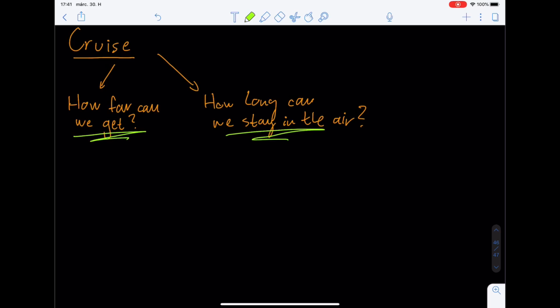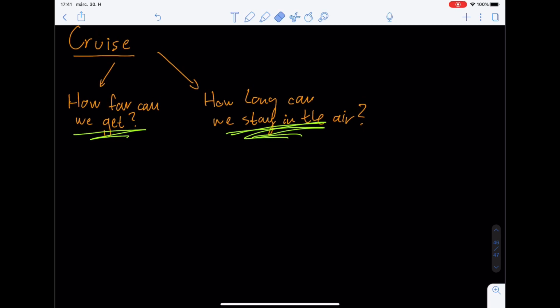Or when, for example, a commercial air transport airplane goes into what is known as a holding over the aerodrome, because, for example, the weather is bad, and the crew is waiting for the weather to get better at their destination. You might get the question, how long can we stay in this holding? How long can we stay here, based on the fuel that we have, right?